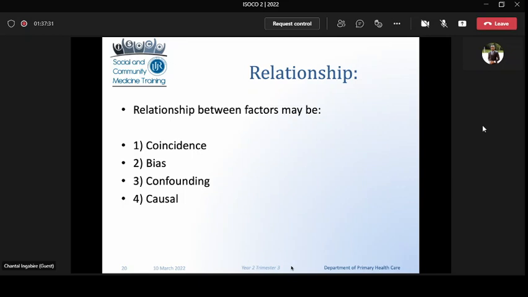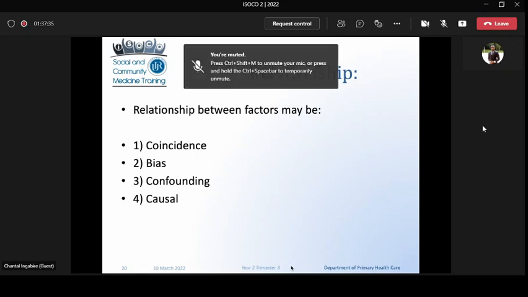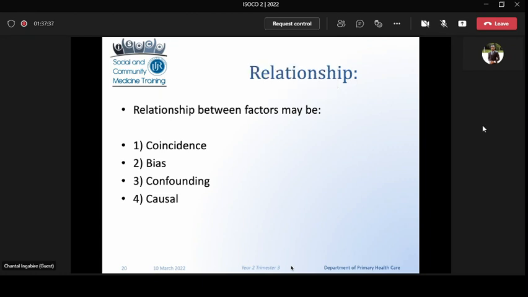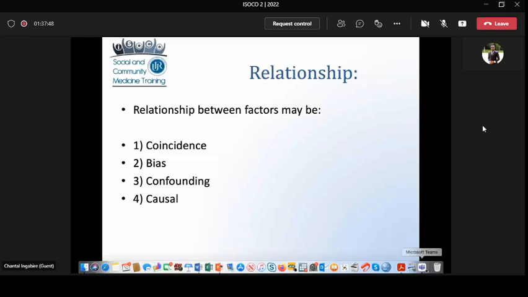But what do we mean by confounding relationship? Who can try to tell us what a confounding relationship means?